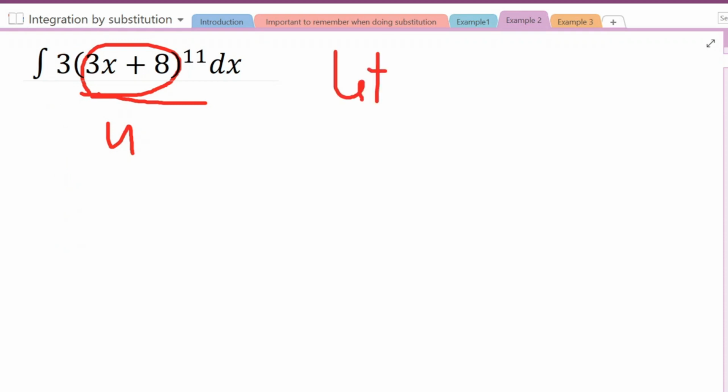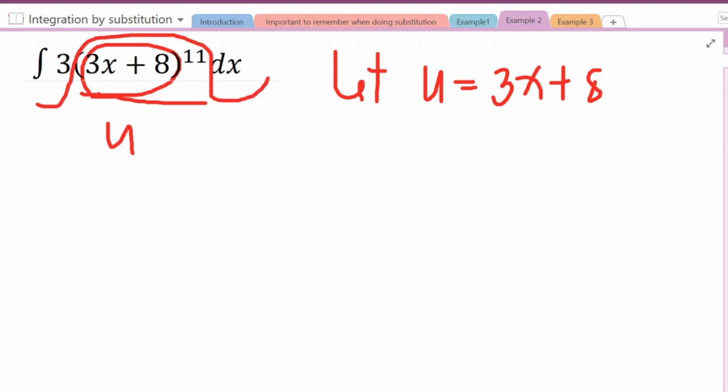The value of u is equal to 3x plus 8. And if that is its value, we need to remember again that we have to look for a substitute for the rest of the integral, that is 3 dx. And we do that again by exploring the derivative of u.